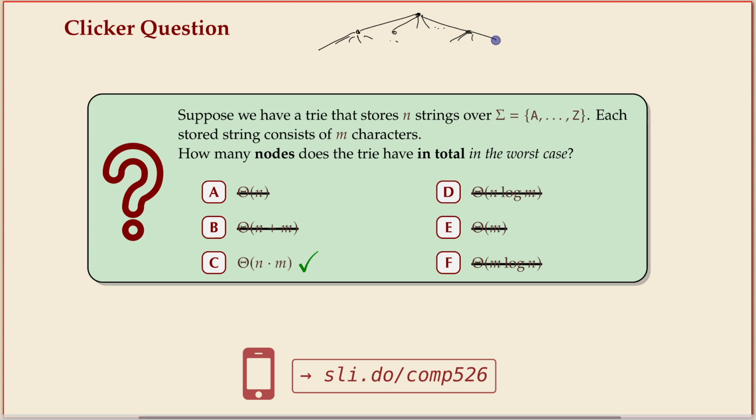Up until a point, so you need to go down this for log base 26 of m levels. Then all the strings can be unique. And from then on, you just continue with long chains of nodes that end in a single leaf. Okay? So you do this all the way through.